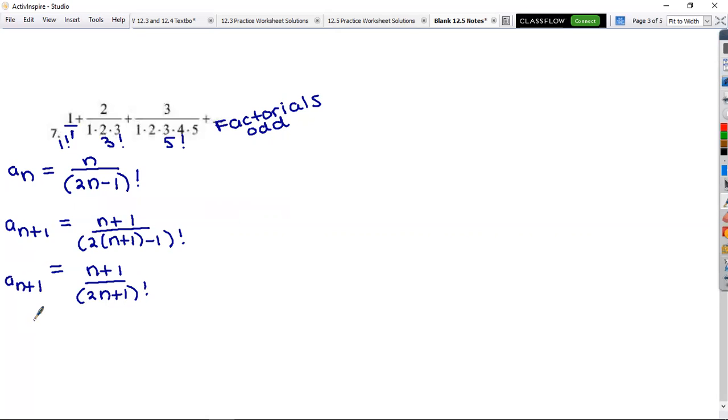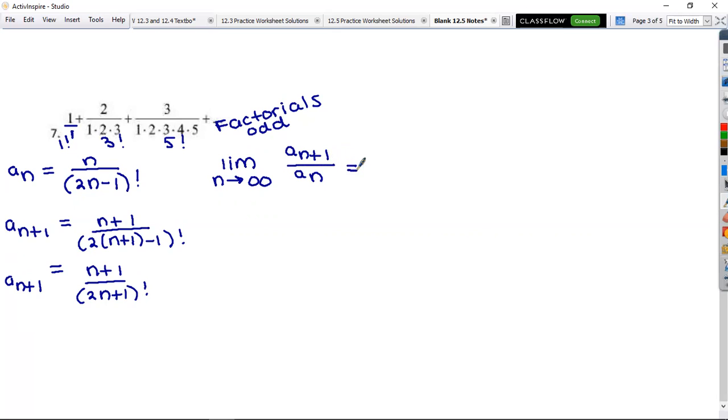Okay, so now you're going to do your limit. Once you've got the factorials, I'm going to do the limit as n approaches infinity of a sub n plus 1 divided by a sub n. So you're going to sub these in.